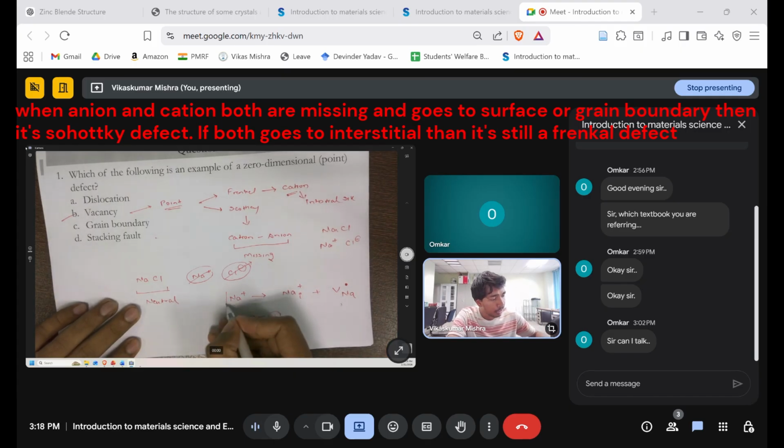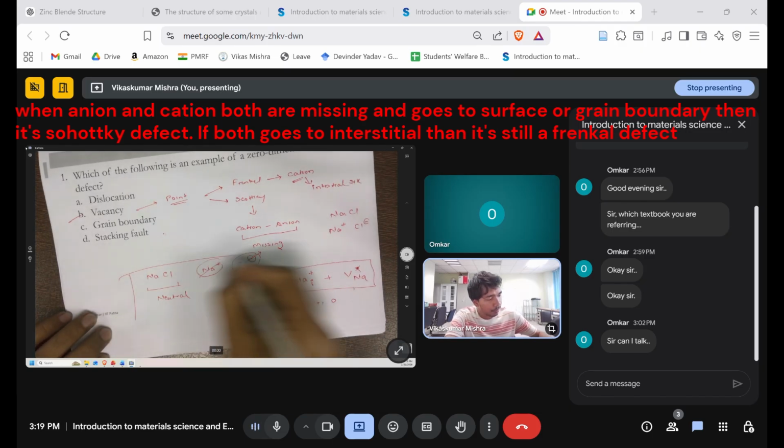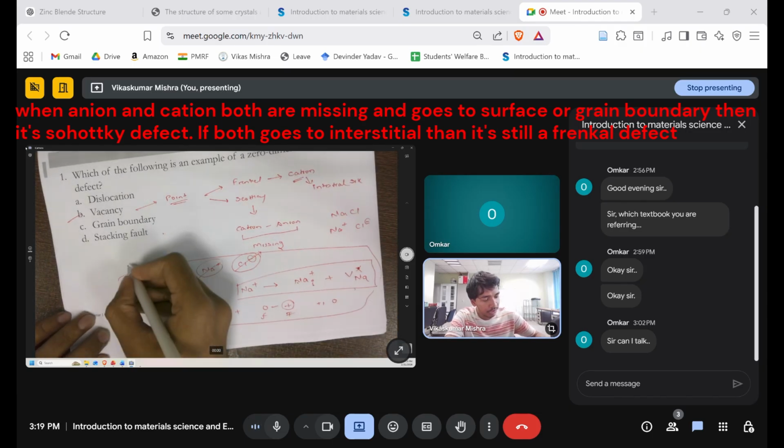Overall, sodium going to the interstitial has 0 charge and it is going to plus 1 charge. So it is a positive charge, and it should remove the vacancy. Yes, so both of them will have charge neutrality.